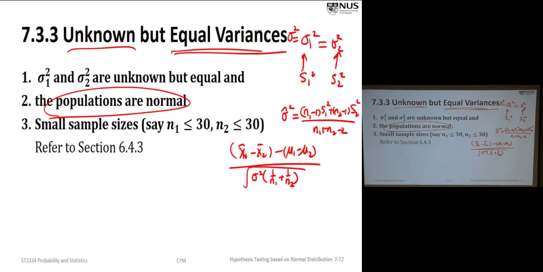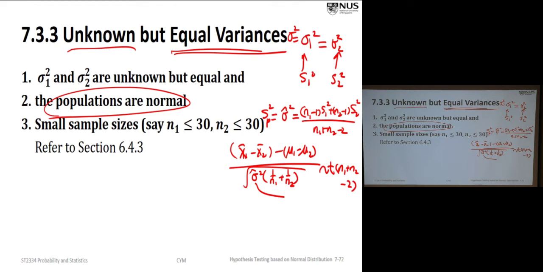We don't know sigma square, so we replace it by the estimate. The notation that we use is SP, the pooled variance, pooling the two samples together. This will follow a T distribution with n1 plus n2 minus 2 degrees of freedom.